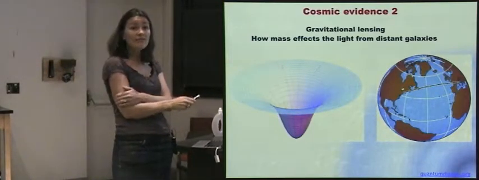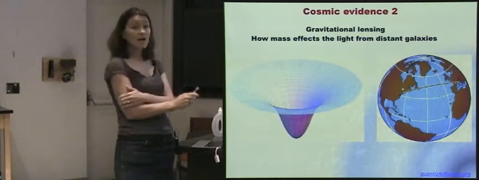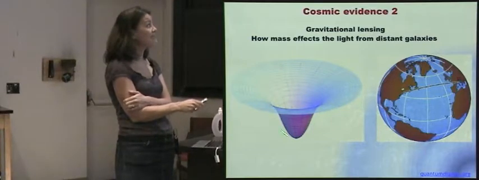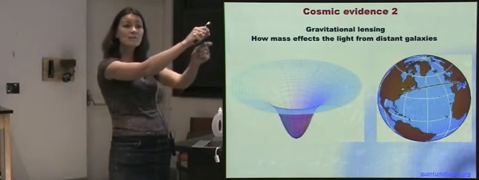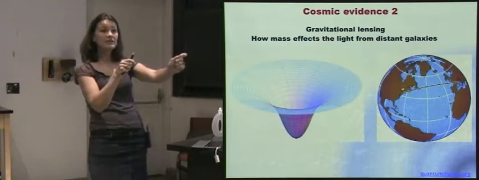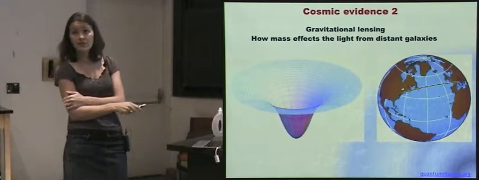Light is traveling on the path that will take it the shortest amount of time, but that is not a straight line. It's actually a curved path. And the amount of curvature depends on how heavy this bowling ball is that you place there. So because we're actually measuring the light coming to us from distant objects, when we measure the curvature of that light, we can then deduce how heavy the object is that deformed the space-time.